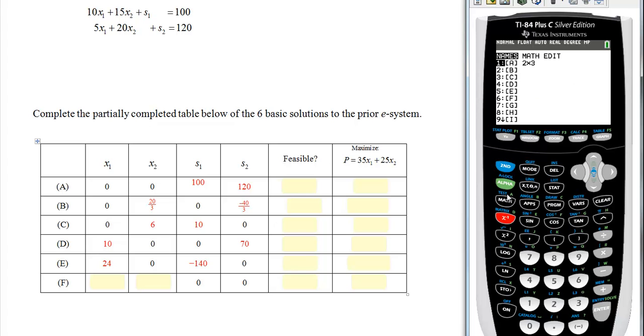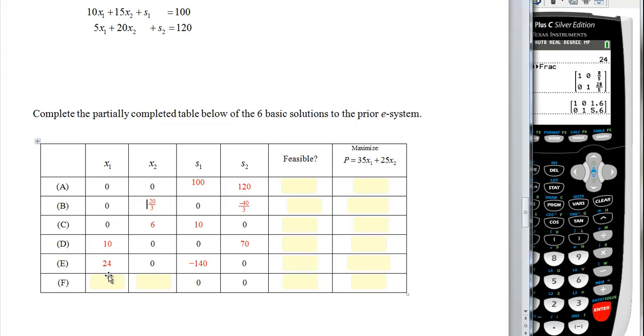Second matrix, go up to rref. Go grab that matrix I want. I'll just tell it to frac it. If it's a fraction, good. If not, 8/5 and 28/5. What is that in decimal? That'll be a good decimal value, so I can do decimals too. So this should be 1.6, and this one is 5.6.